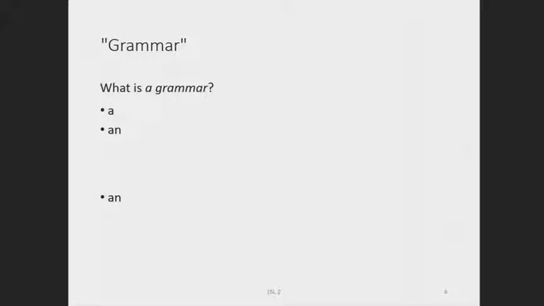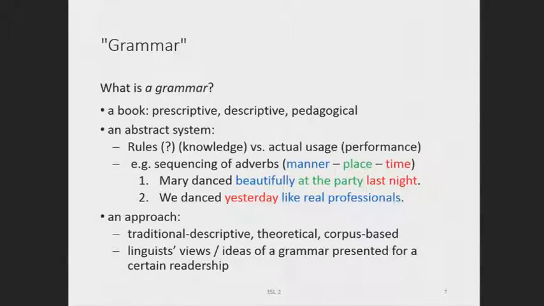So we can also say that a book that contains information about grammatical rules and patterns, we also call it grammar. In language analysis we make a distinction between pedagogical grammar for students and reference grammar for linguists.